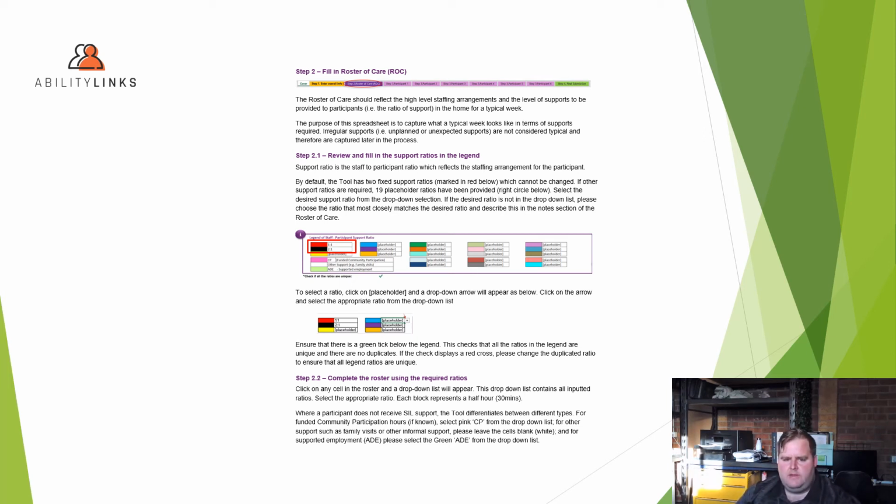Now this is our lovely little paint by numbers section. This is the second part of the roster of care. When you're looking at the ratios in the legend, it'll start off with 1:1 and 2:1 as the standard, but if you click on any of the little tabs in the support section below, it should expand out and allow you to choose any of the tabs within this section here.